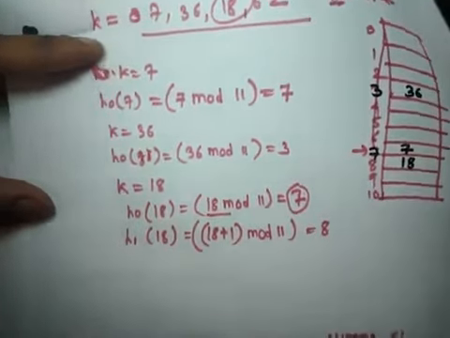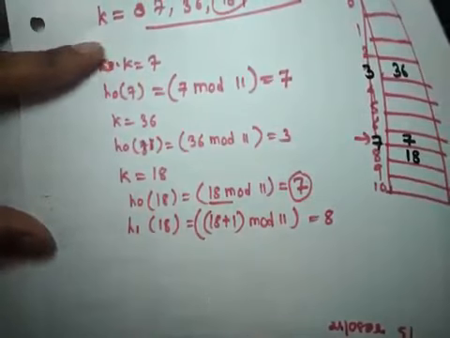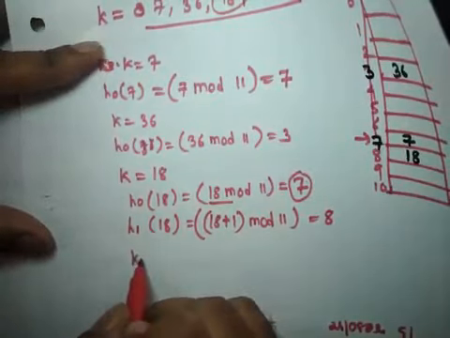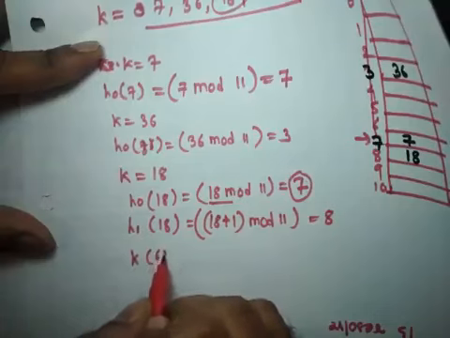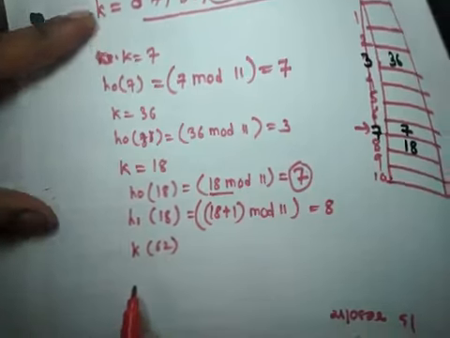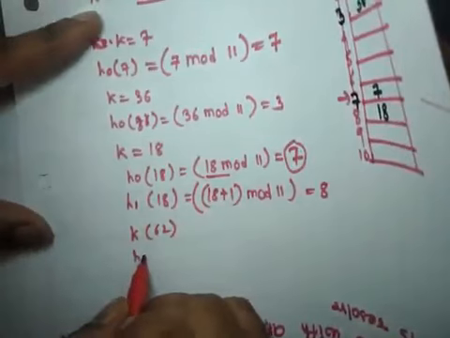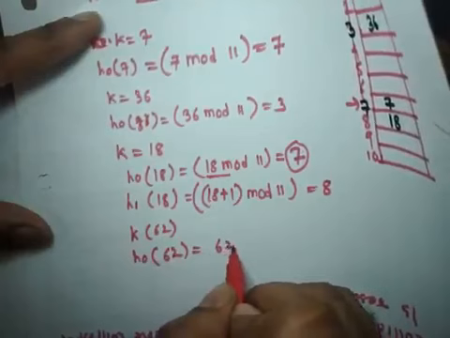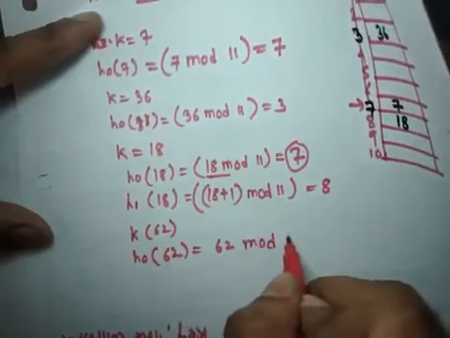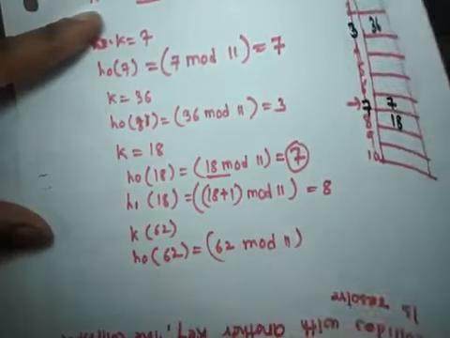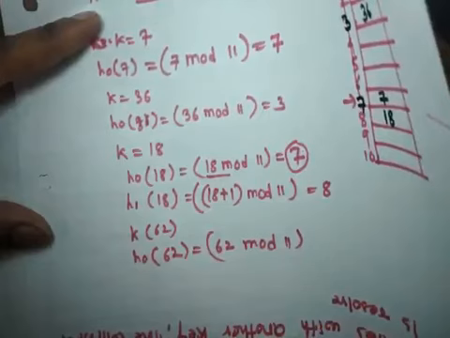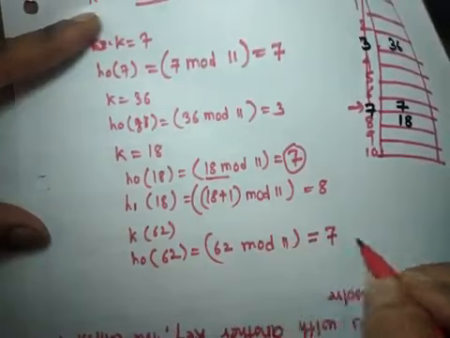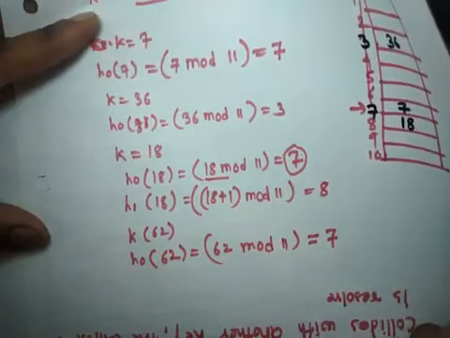Now let's go for another key value, 62. h0 of 62 is 62 mod 11, and again a collision occurs.